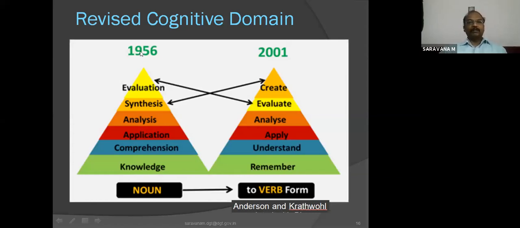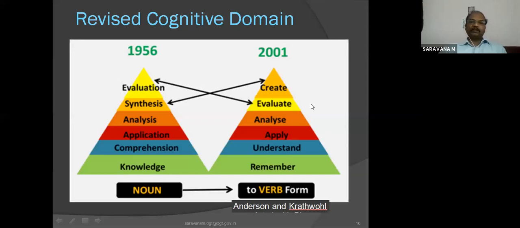So when Bloom introduced his cognitive domain, the six major components were knowledge, comprehension, application, analysis, synthesis, and evaluation. Then his team members, Anderson and Krathwohl, whose names I have kept here, revised his domain for the benefit of the system of education, to make it more useful and helpful.